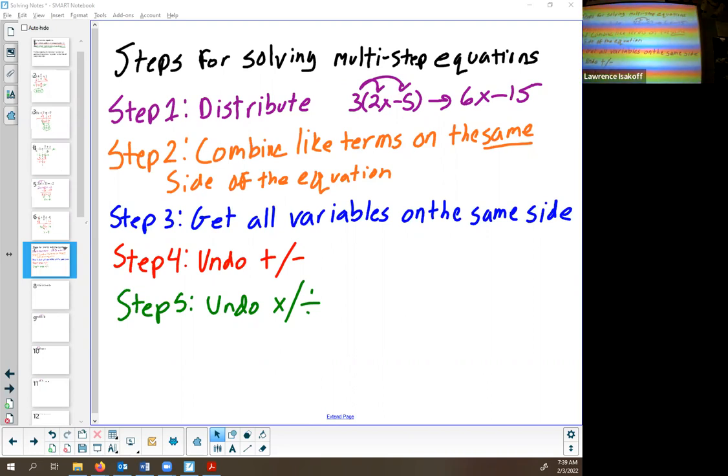Again, if you're watching the video later, I just want you to fast forward through this part to get to the examples.